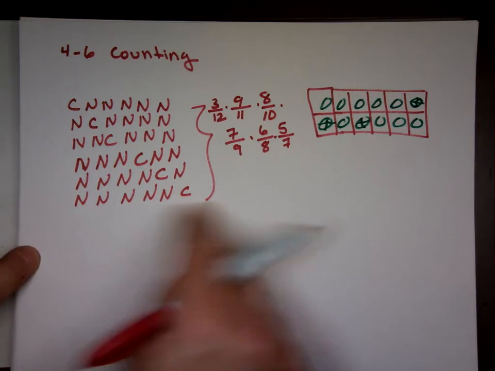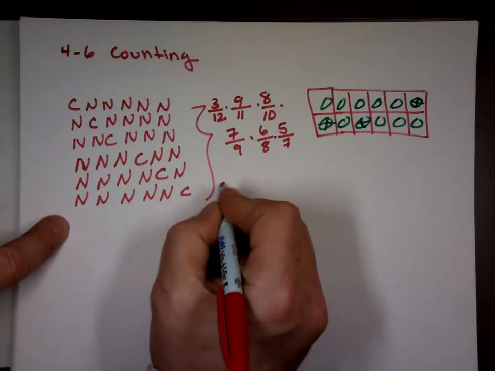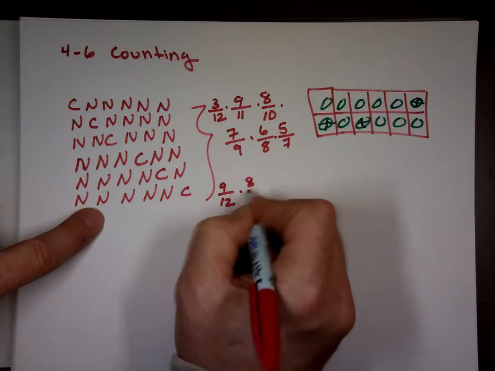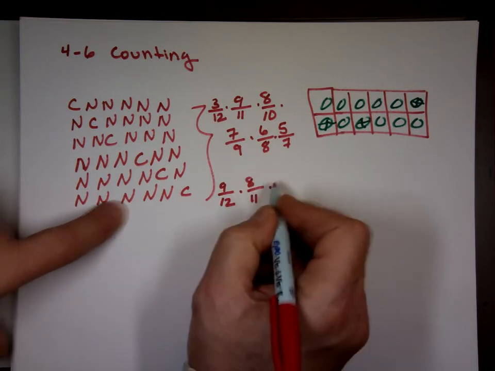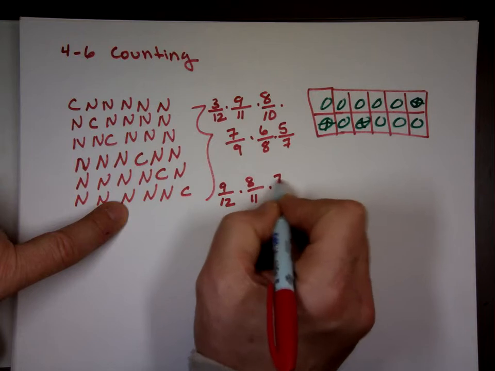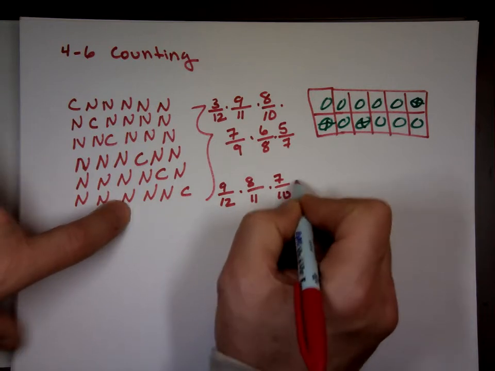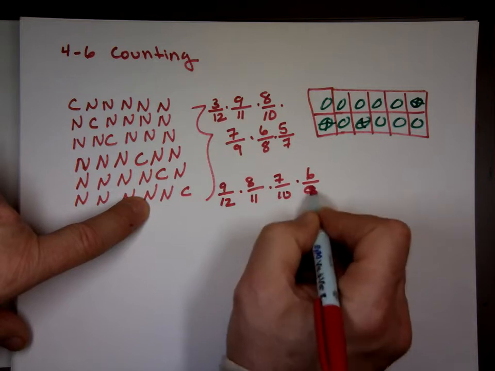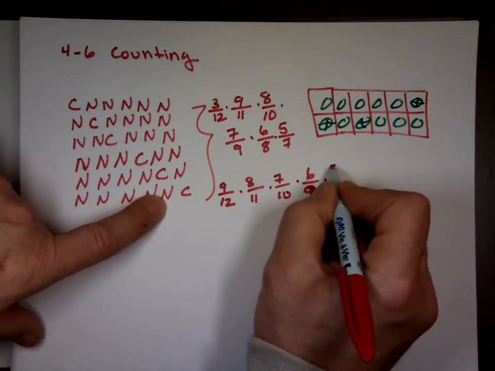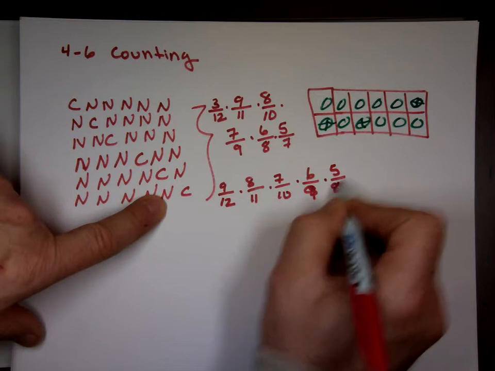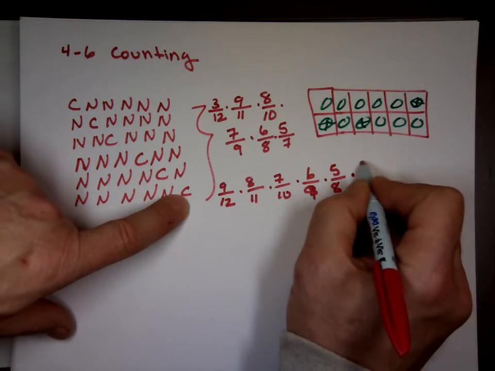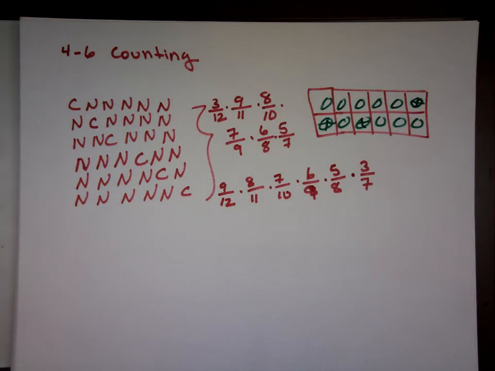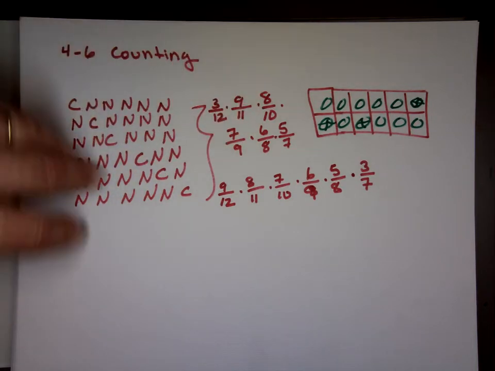Now for the last one, to reverse them, this will be 9 out of 12, 8 out of 11, 7 out of 10, 6 out of 9, 5 out of 8, and what's the last one? There are 3 left out of how many? 7. Well, if you look at the top numbers and the bottom numbers for each case, exactly the same.